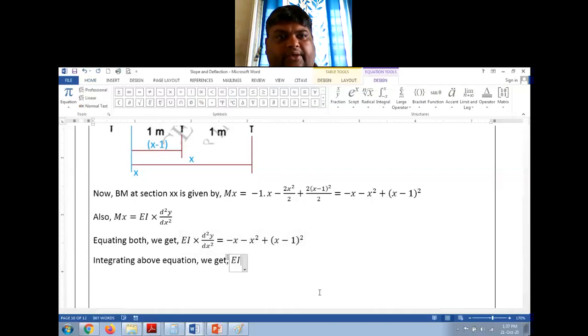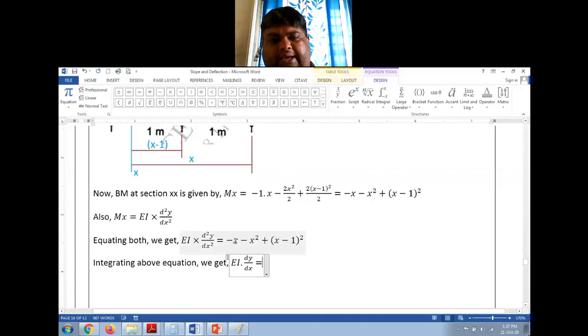So EI into d square y by dx square upon integration will become dy by dx, and that is equal to minus x will become minus x square by 2, correct? Minus x square is there.